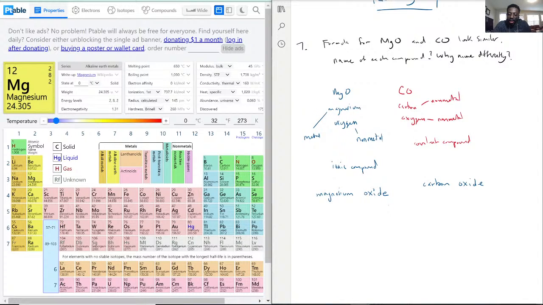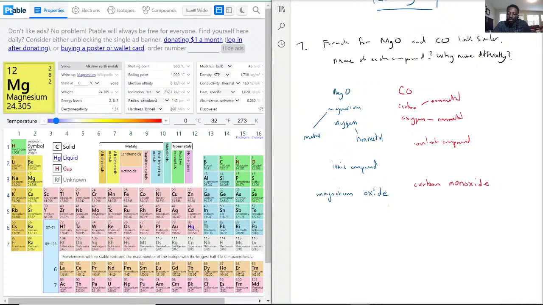But here's where the extra step comes in for covalent compounds. You need to have the prefix indicating how many of your second element you have. There's only one oxygen, right? So with that, we have to use the prefix mono.